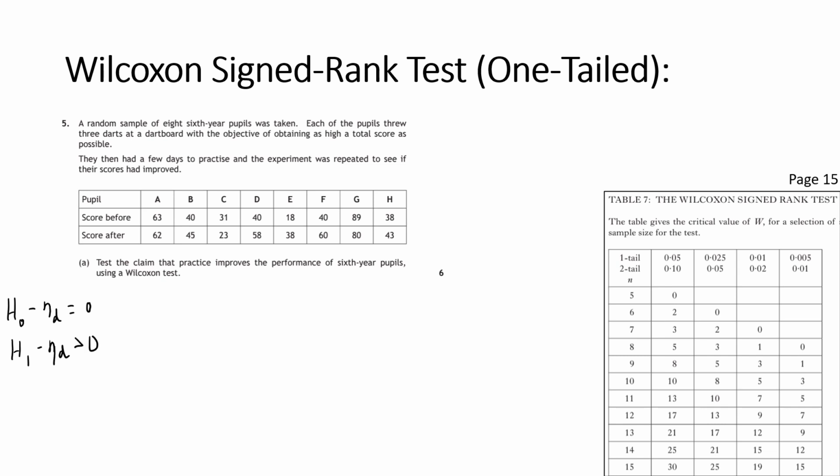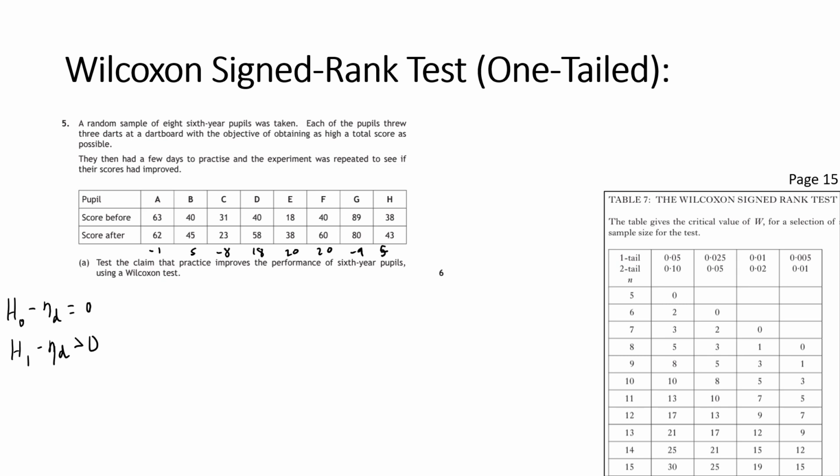Next, I would find the differences in these values. I'll just do it right underneath the table. So this got reduced by 1, so it's -1. This got increased by 5. This got reduced by 8. This increased by 18. This was 20. This was also 20. This was reduced by 9. This was increased by 5.